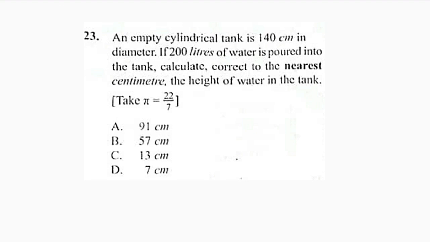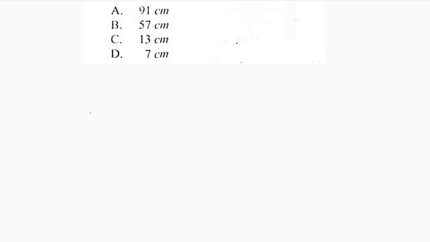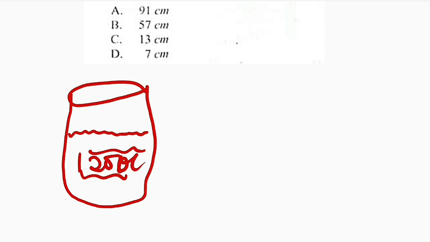We are not looking for the actual height of the tank, rather the water level, right? So let me make a rough sketch here. Suppose we have an empty cylindrical tank like this. Don't mind the drawing. And it happens that we have water level here from bottom to the top as 200 liters.